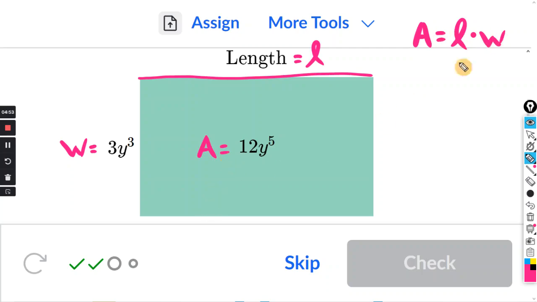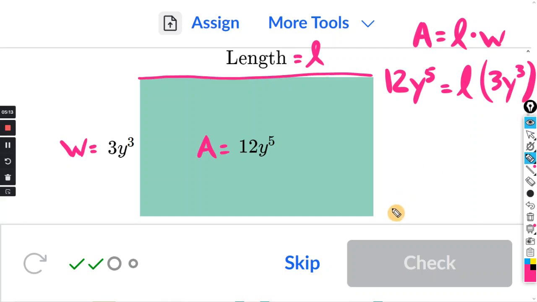All right, so plugging in length times width, the area is 12y to the 5th. The length L we don't know, and that's going to be times W, which is 3y to the third. That's L times 3y to the third.